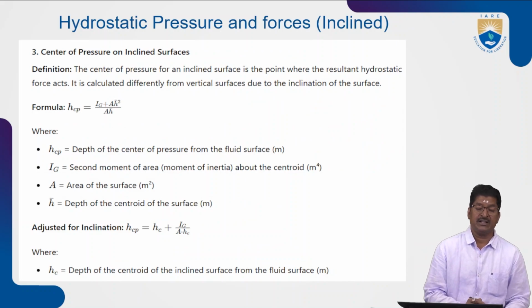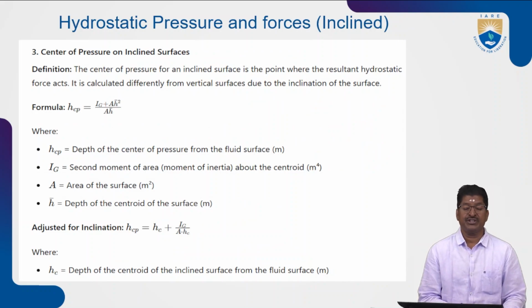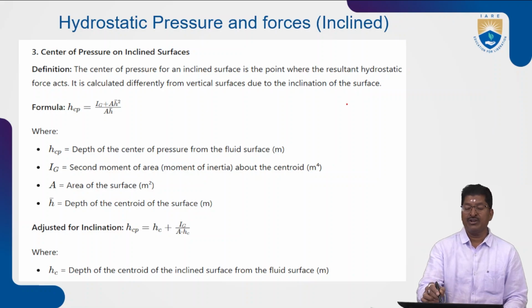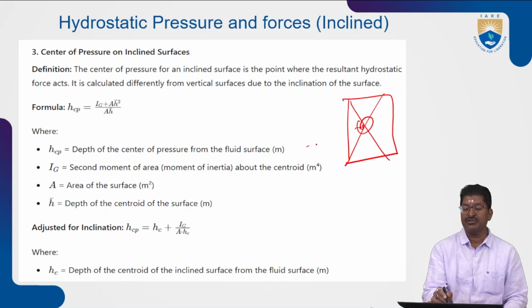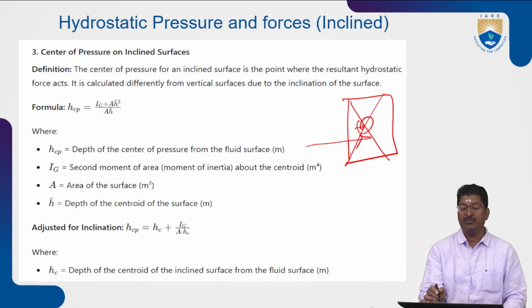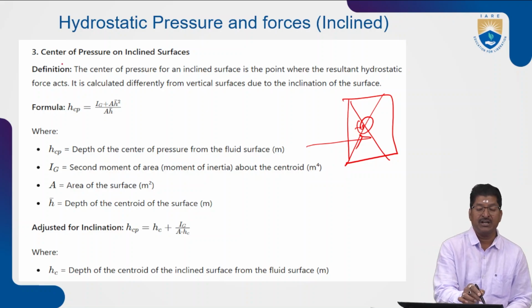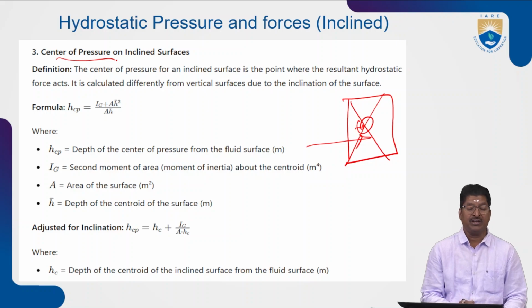And another one is here, center of pressure. The center of pressure is different from the centroid of the surface. This is the centroid, but the center of pressure means the total force of the fluid will not act at the centroid of the surface, it acts somewhere below that centroid. So that is the center of pressure on the inclined surface.